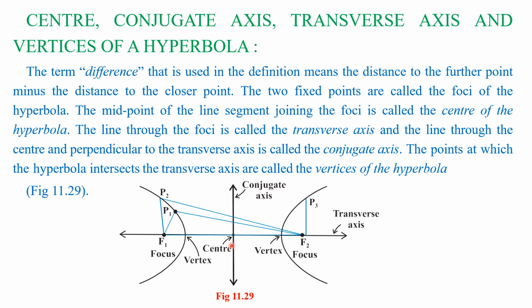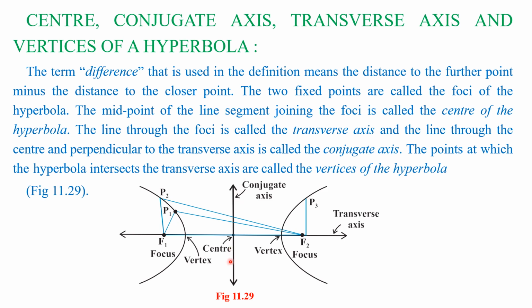What is meant by center of the hyperbola? Next, the line through the foci is called the transverse axis. The line which passes through the foci of the hyperbola is called transverse axis. Okay, my children? Understood this point? And the perpendicular to the transverse axis and passing through the center is called conjugate axis. Okay, my children?